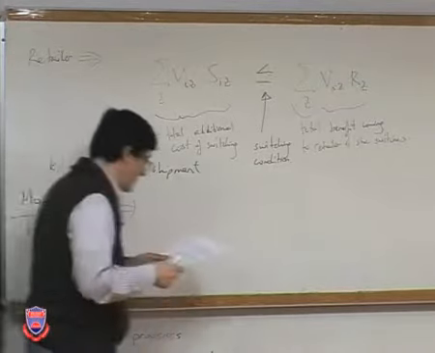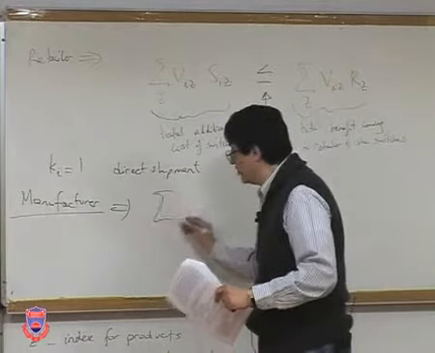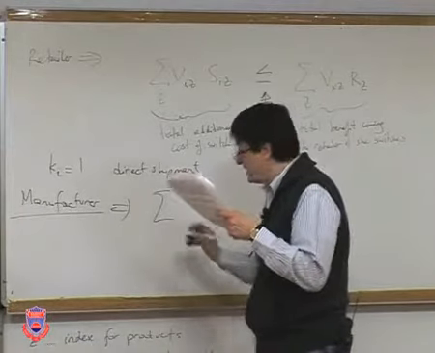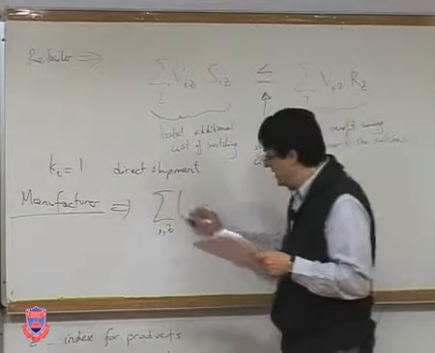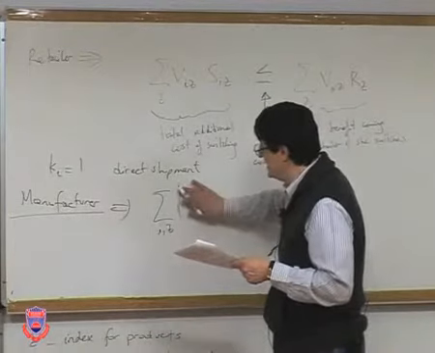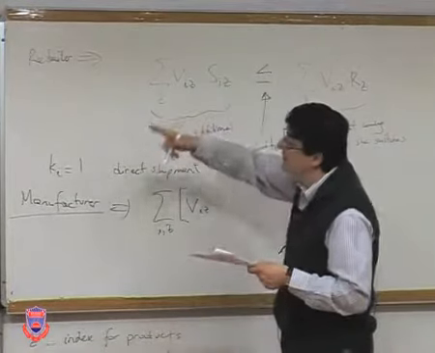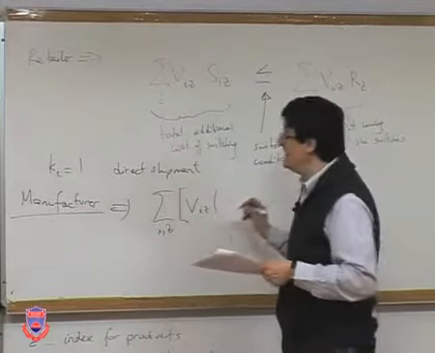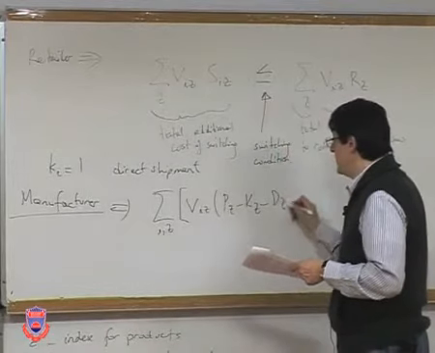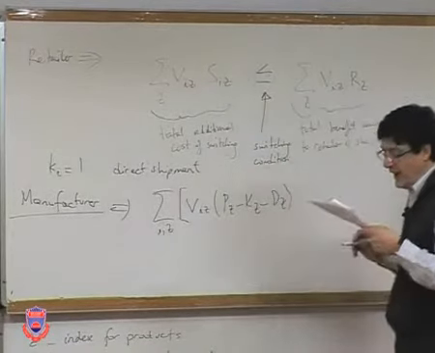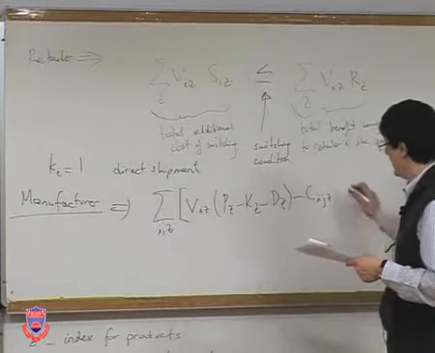Now this is basically what I am writing for the manufacturer. I am going to sum over all i and z. I will have a double summation. Now I'm going to have V sub iz, times P sub z minus K sub z minus D sub z, and then I'm going to have minus C sub ijz.